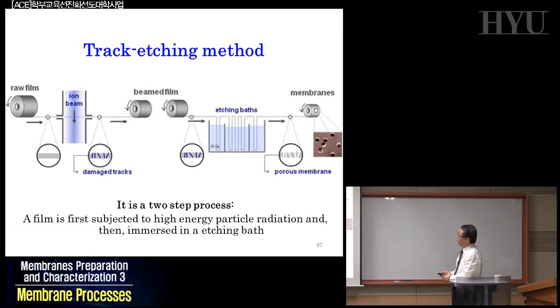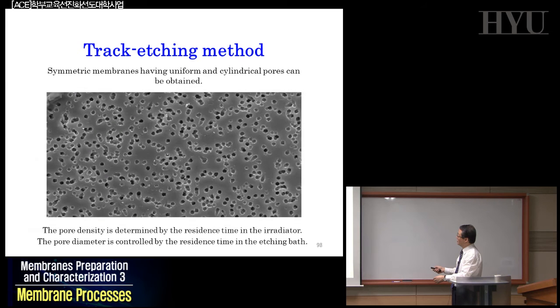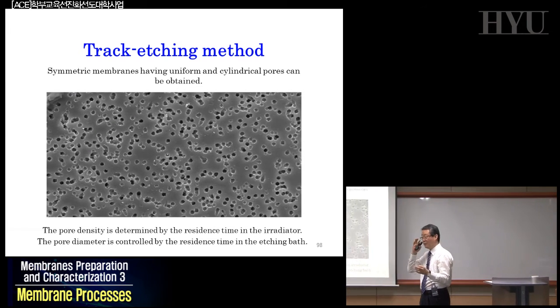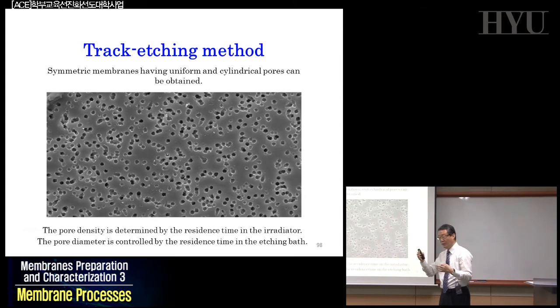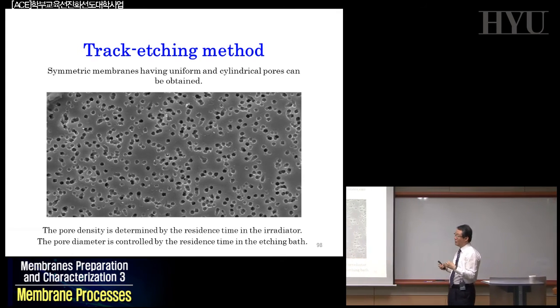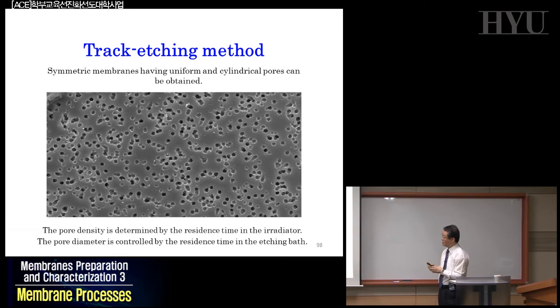Track etch method has two different regions. One is the ion beam bombardment region. The second one is the etching region, so that you can make a track etch membrane like here. Although this is very similar to the 3D lithographic membranes in terms of the size of the pores, the distribution is a little different.